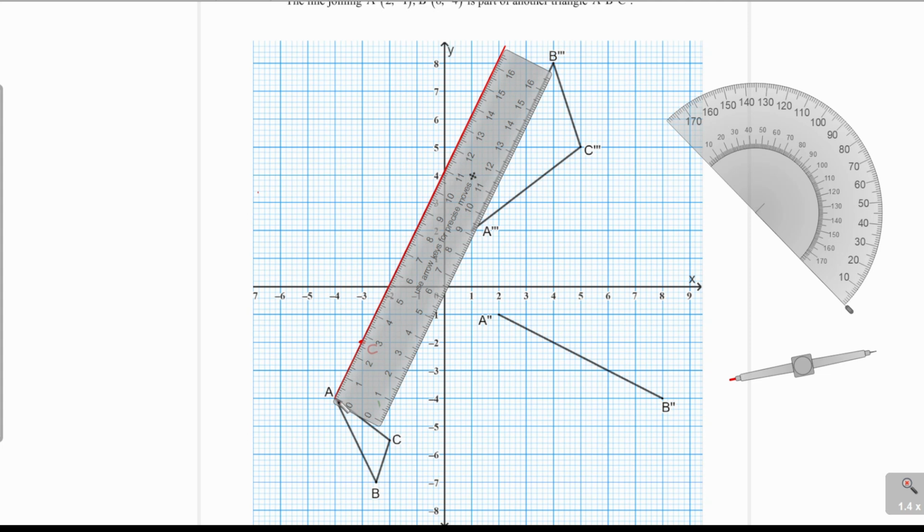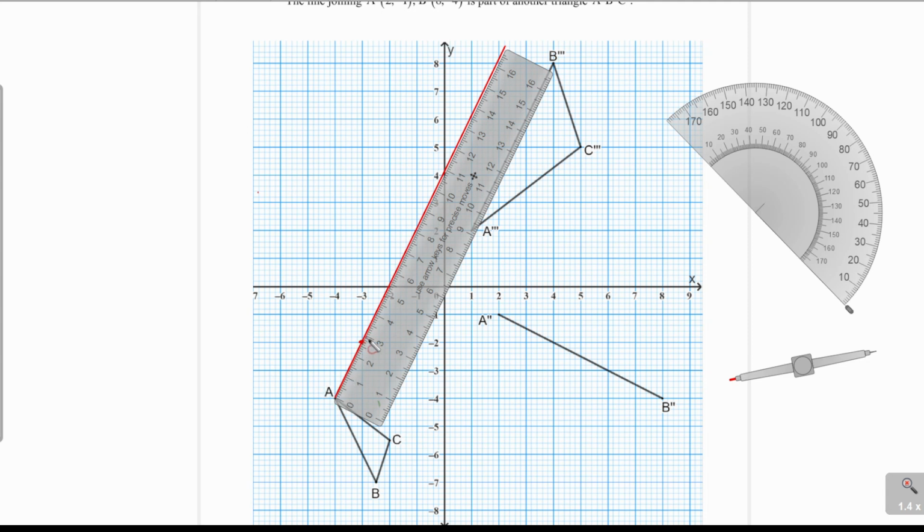So from A to where C is, that is around 2.7. So when we double that distance, this is what you're supposed to do. You can do this using a pair of compasses too. So you take this distance A to the center of enlargement, then from C, you measure double that distance.